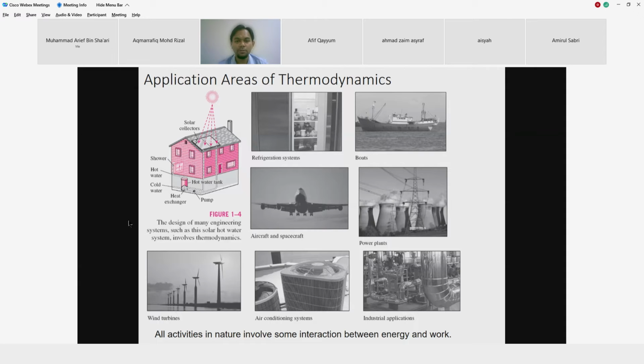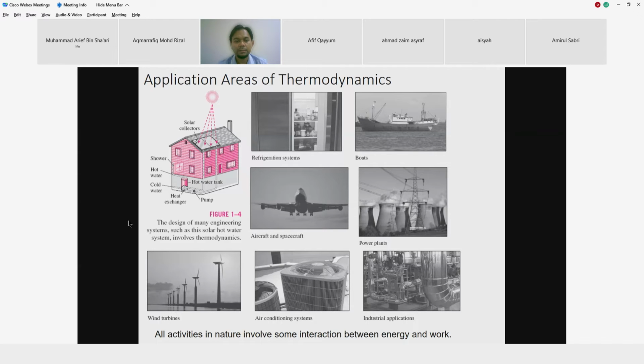Of course, we have at least one in our house. It is also related to thermodynamics, and in this course we learn about the mechanism of the refrigeration system, how it works, in chapter 5.